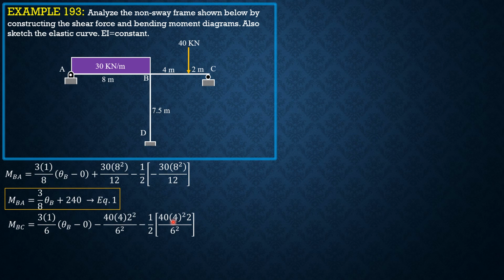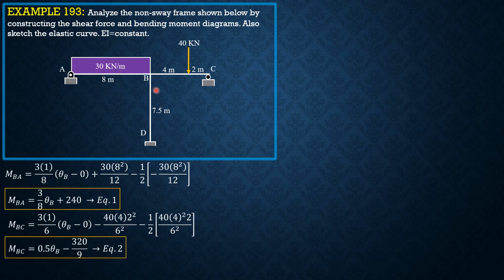So 40, this time 4 is squared, times 2 over 6 squared. The general formula is PAB squared over L squared, or PA squared B over L squared. Simplifying, MBC is 0.5 theta B minus 320 over 9. Call that equation 2.